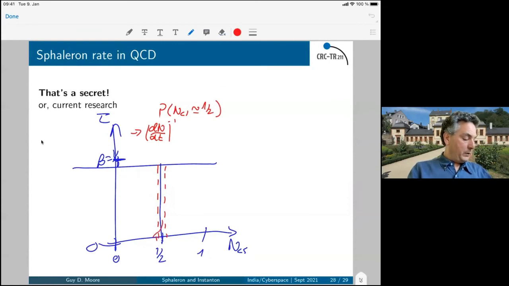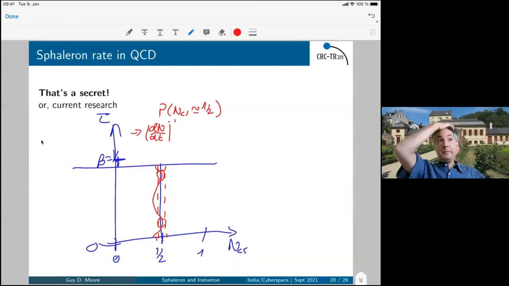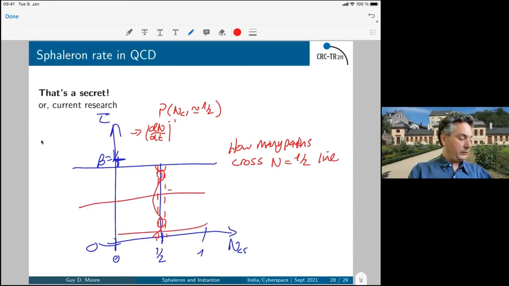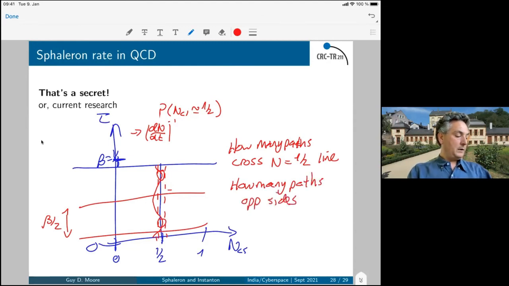Then you have something which will just slip over this line here and there. So actually what you want is how many paths cross the N equals 1/2 line. Or in particular, if I pick two surfaces separated by beta over 2, how many paths are on opposite sides at these two surfaces?